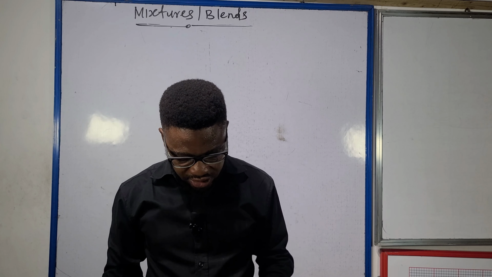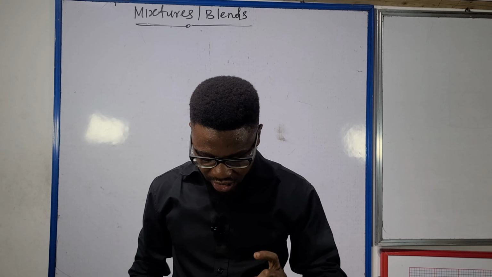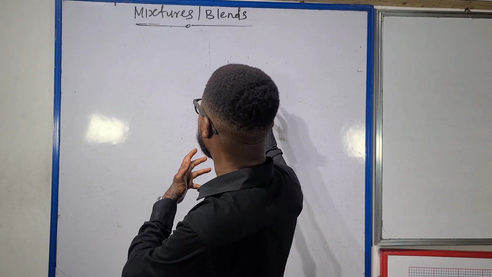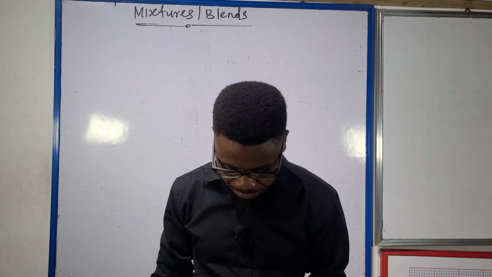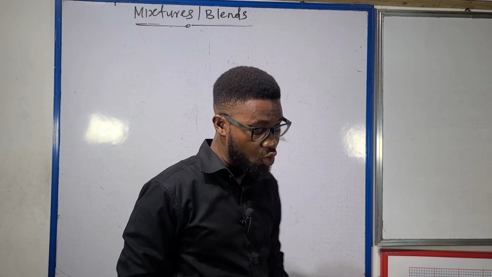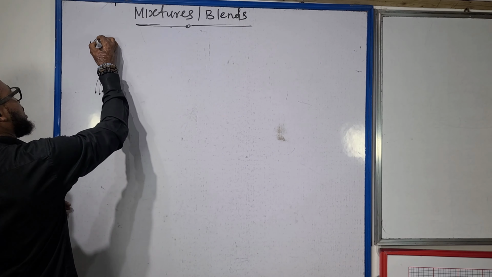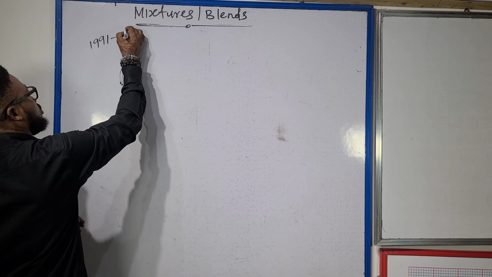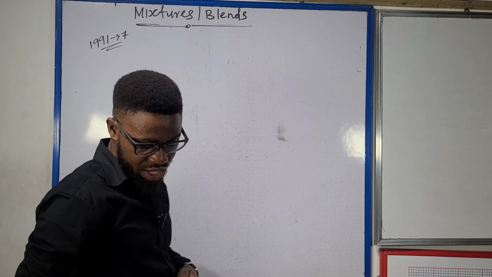And last but not the least, let's quickly look at a UTME question to buttress what we've been saying about mixtures and blends. We have 1991 question 7. Okay, what do we have there?